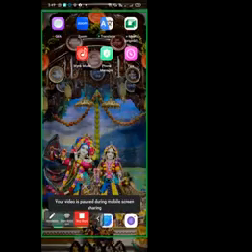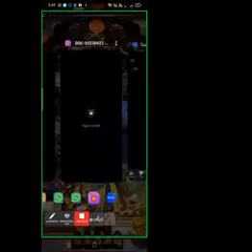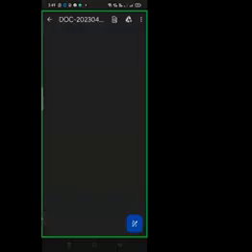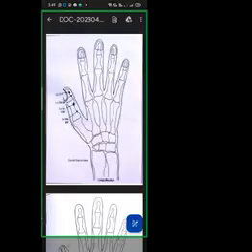Let me share that. At least we can see the diagrams again and again. According to the diagram, these are the points.